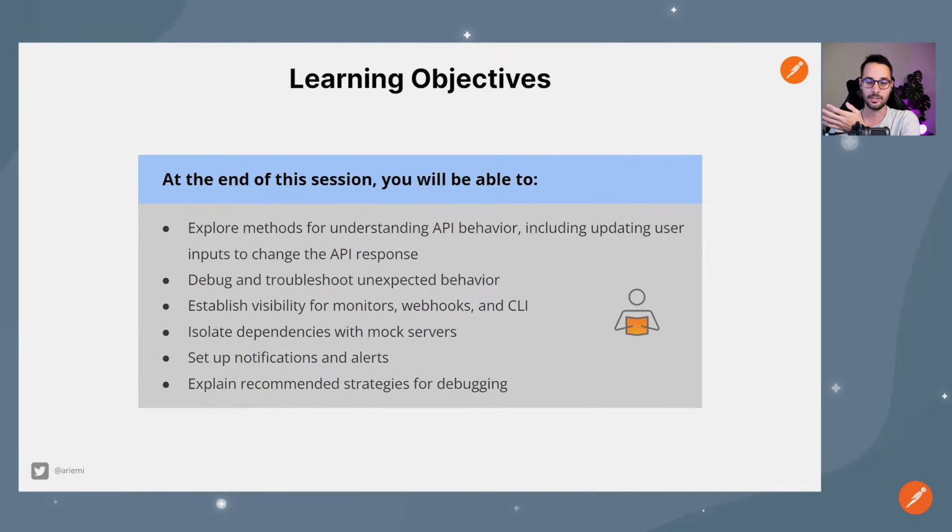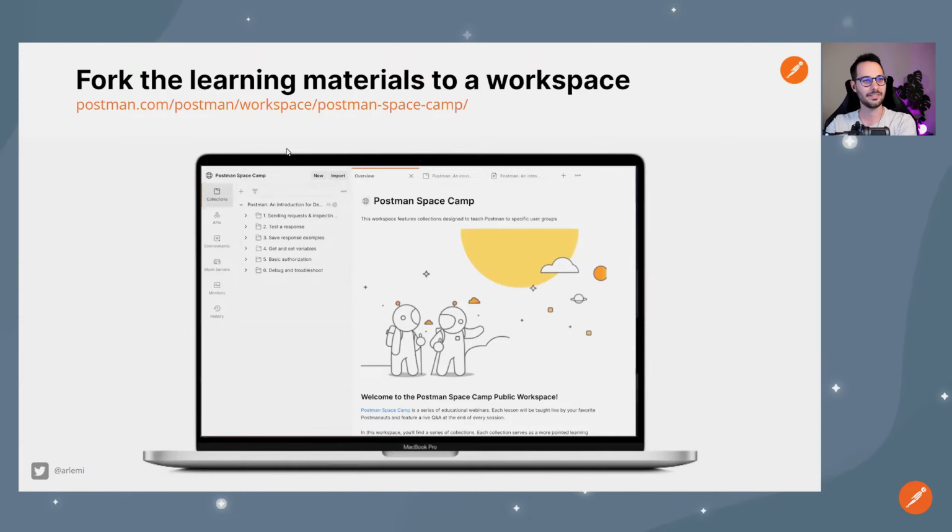You might be coding an API that responds with not what you expect, and you should be able to understand what's happening there and debug it. Establish visibility for monitors, webhook, and CLI. Isolate dependencies with mock servers, set up notifications and alerts, and explain recommended strategies for debugging. Plenty of stuff. If that doesn't all make sense, I'm sure Joyce will make that make sense for you later. And with these learning objectives done, let's get started and start walking you through how to get started.